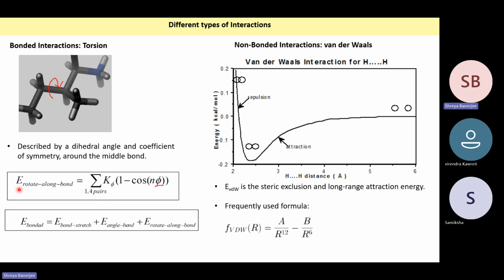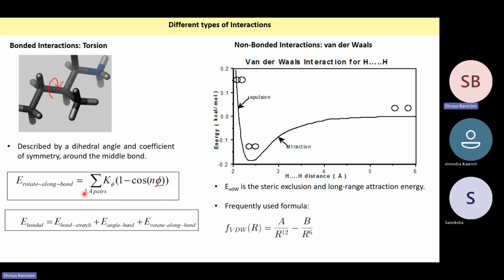While this bond is rotating, there will be an energy associated with it, because some conformations will be favorable, some will be non-favorable. That energy is called the energy of rotation along the bond. It is given by, again, a constant into 1 minus cos n phi, where phi is this torsional angle.